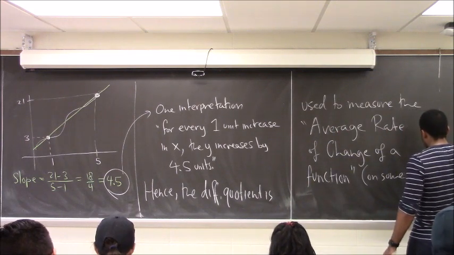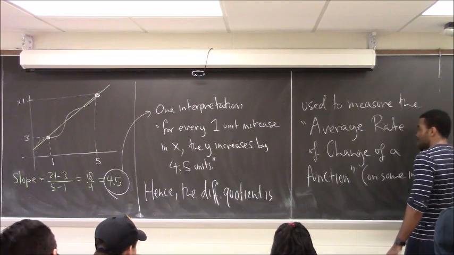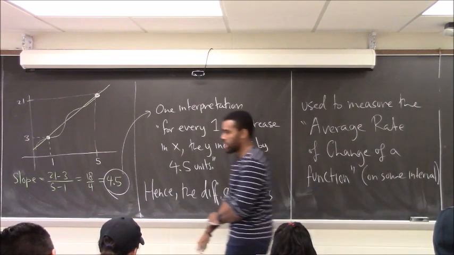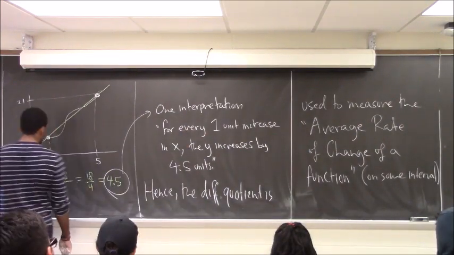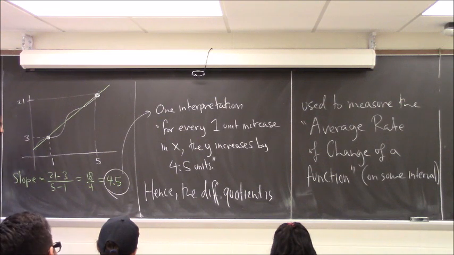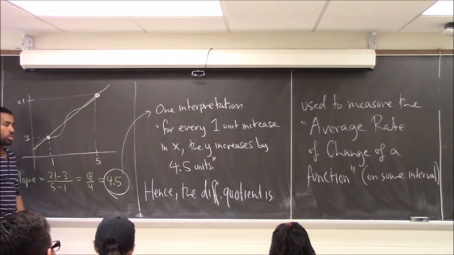So basically that 4.5 is telling me how the value of the function is changing on average on this interval between 1 and 5. On average, over this interval, the function is increasing by 4.5 units for every 1 unit increase.